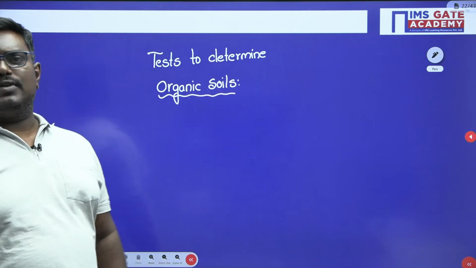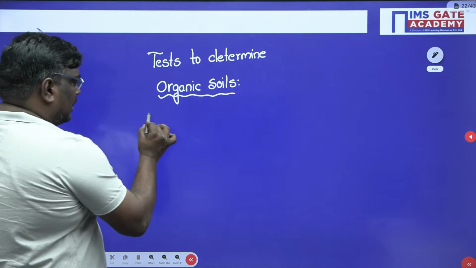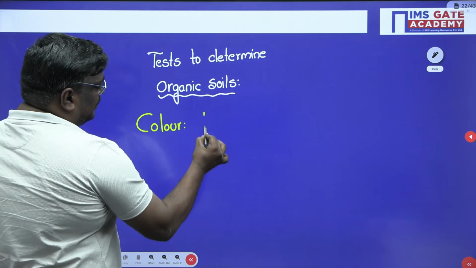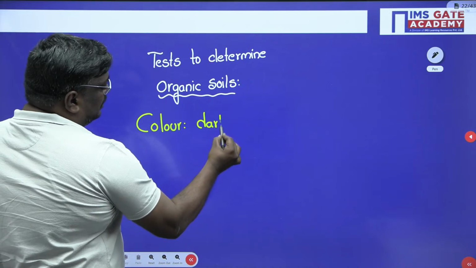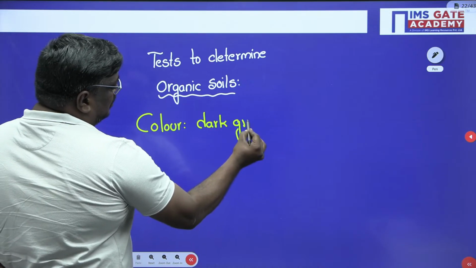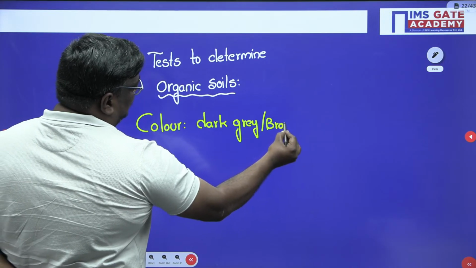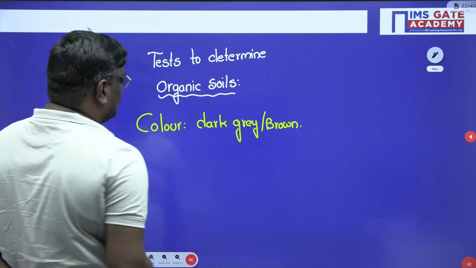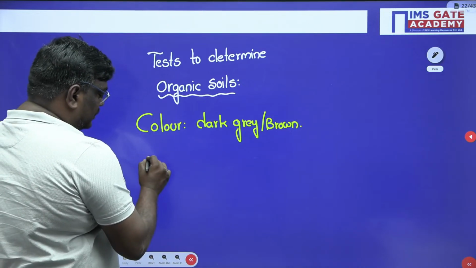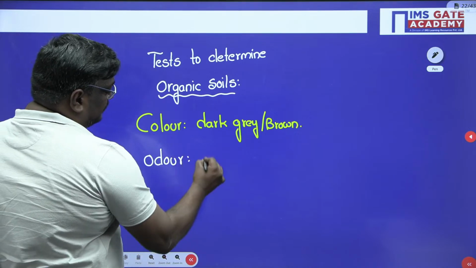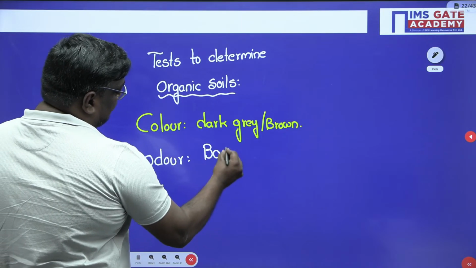The first one we have here is the color test. Color will be dark gray or brownish. And how do you distinguish by odor? Odor will be a bad odor.